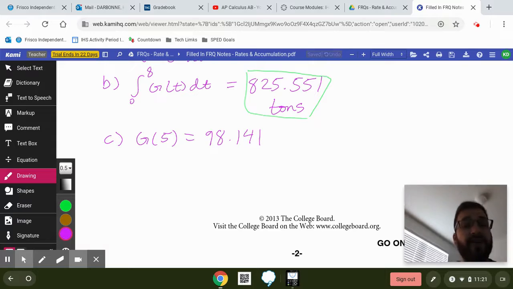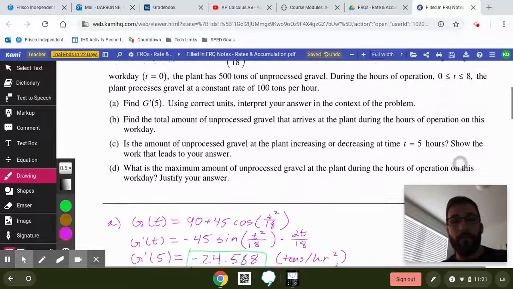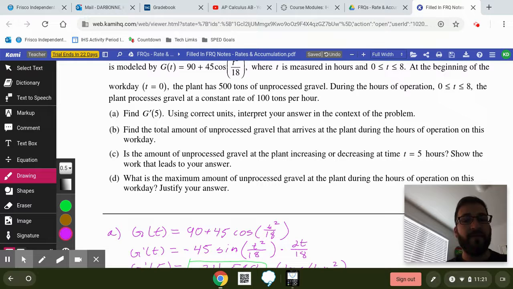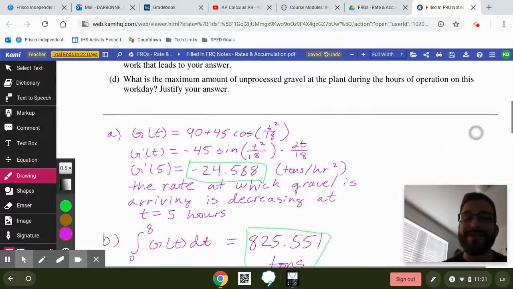Okay, so we're going to compare that. So that's the rate that gravel is arriving at hour 5. The rate that it's being processed is 100 tons per hour. So is the amount of unprocessed gravel at the plant increasing or decreasing at time equals 5? Okay, so it is decreasing.